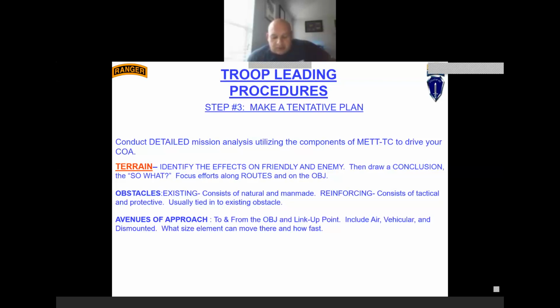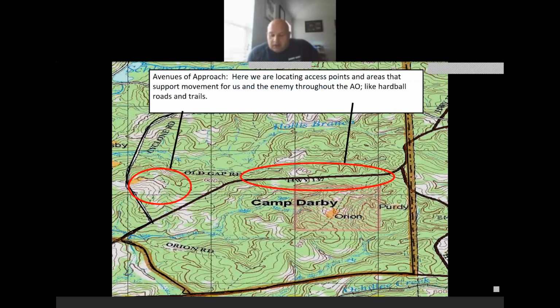Underground avenues are particularly important in urban operations. What will impose conclusion for high-speed avenues of approach? Okay. What's a high-speed avenue of approach in here?